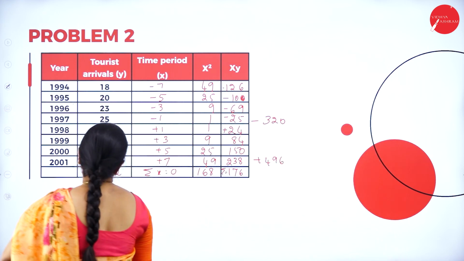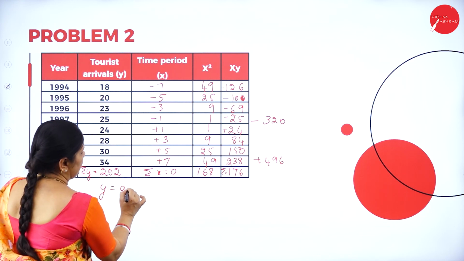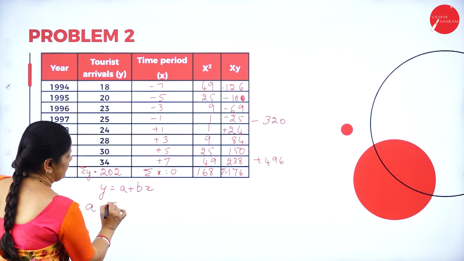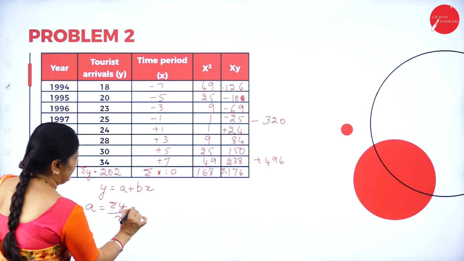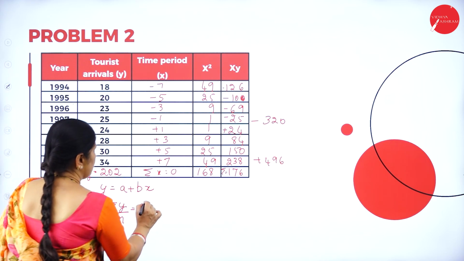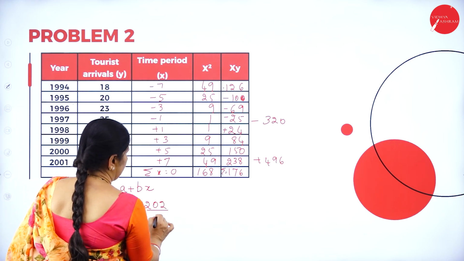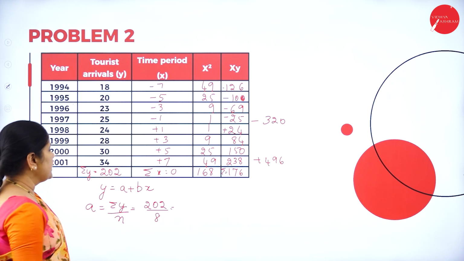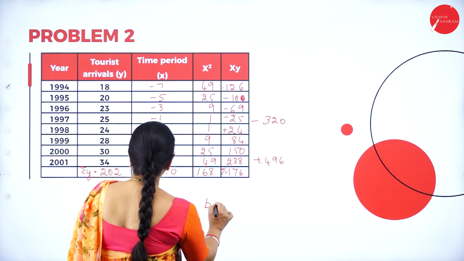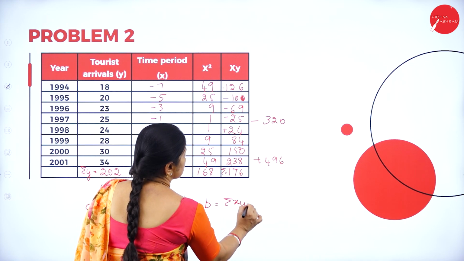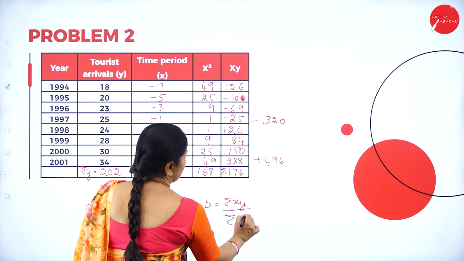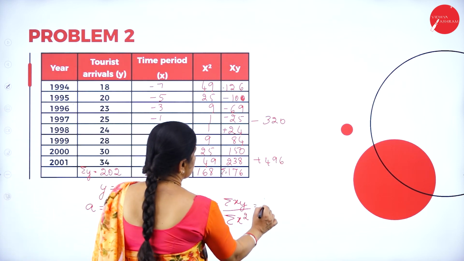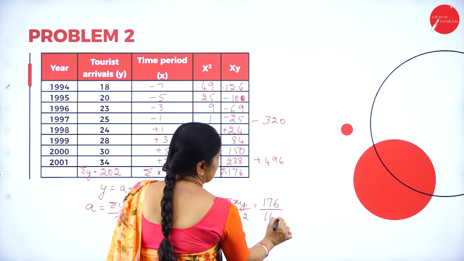Now I have the equation here, y is equal to a plus bx. First I have to find a. A will be equal to sigma y by n, so this will be 202 divided by n. N equals 8 values: 2, 4, 6, 8. So 202 divided by 8, and B will be equal to sigma xy divided by sigma x square. Sigma xy we got as 176, divided by 168.